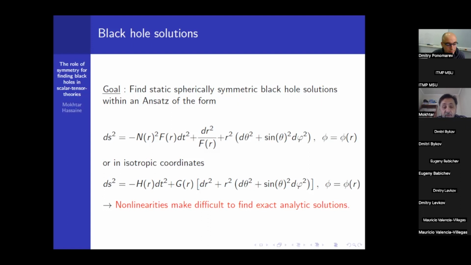And as everybody knows, the non-linearity of the Einstein equations makes it difficult to find exact analytic solutions. So we are going to see when symmetry can help to find explicit solutions.